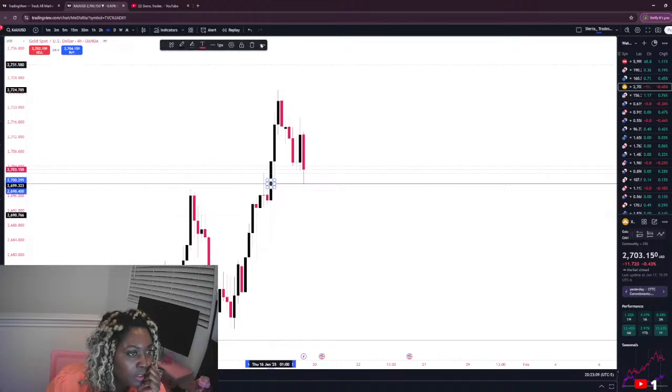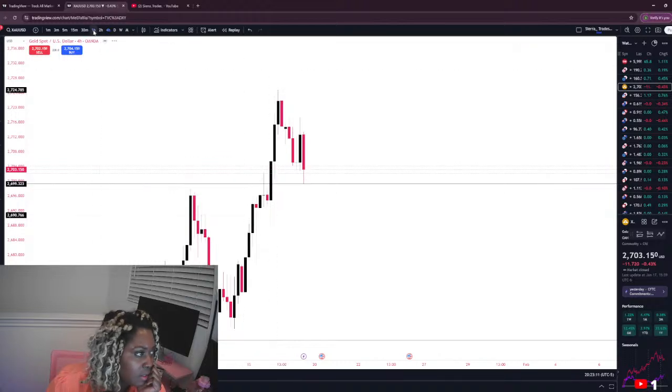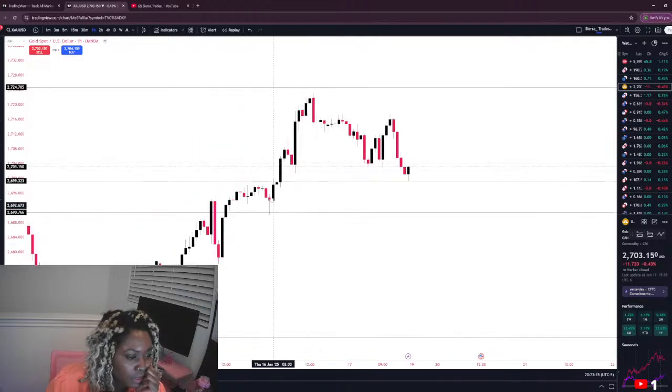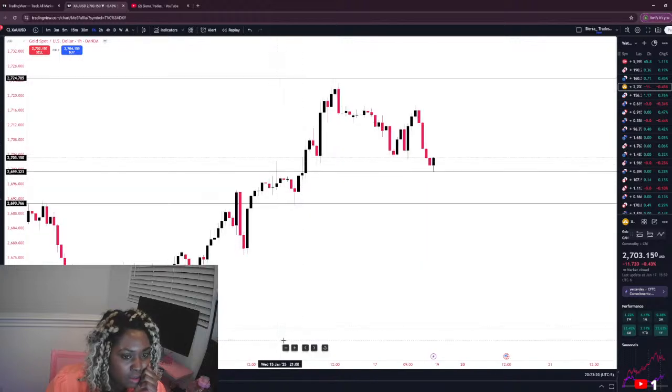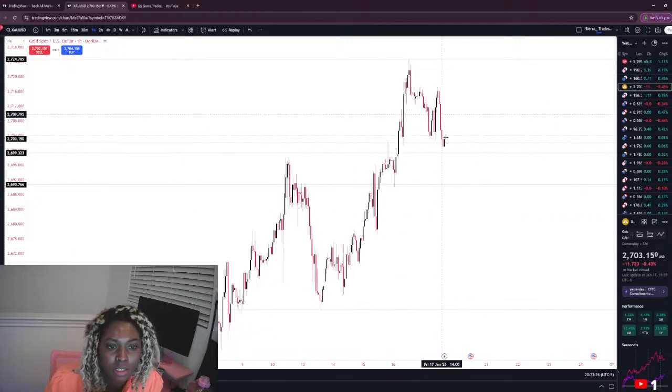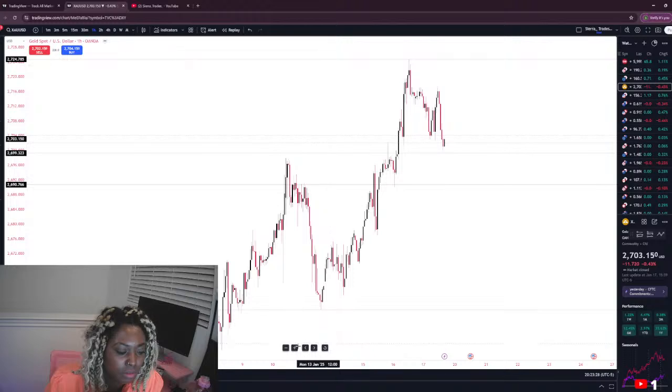But I'm gonna mark it just in case it doesn't. Yep, and then we got another gap here and a gap here that could send it back down.